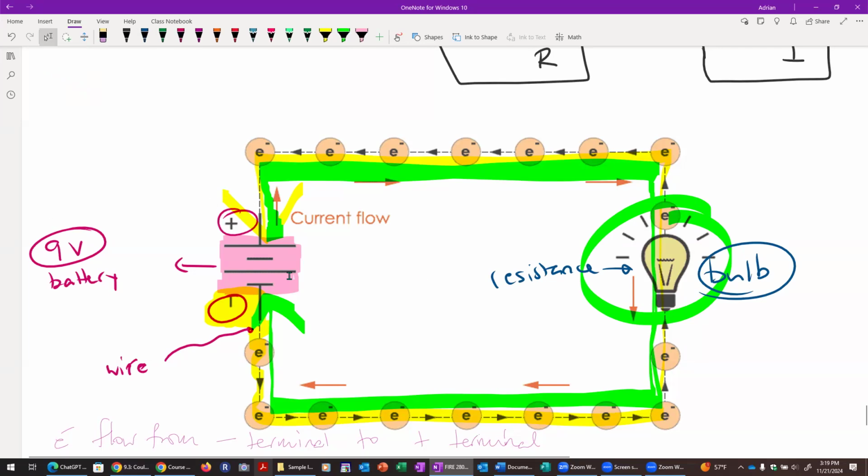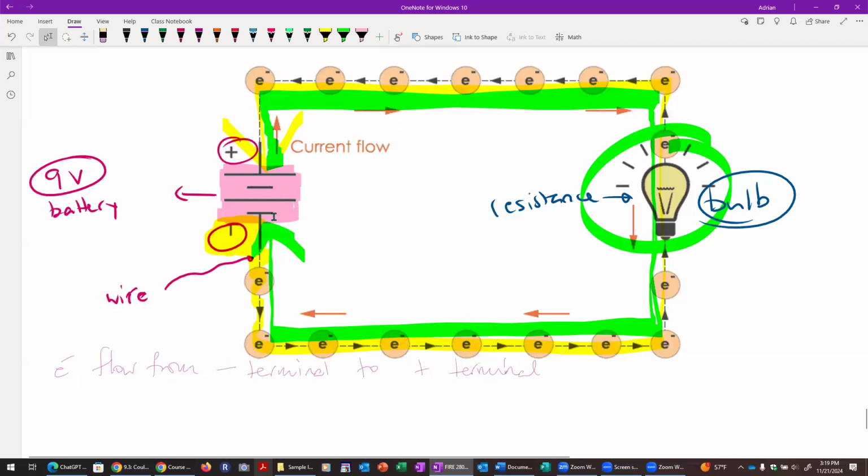The voltage, the potential difference in the battery, is what forces electrons to move in the first place. They move from the negative terminal to the positive terminal. Conventional current goes in the other direction, in this case causing the bulb to light.